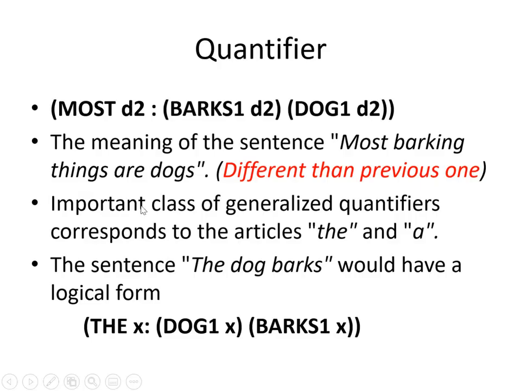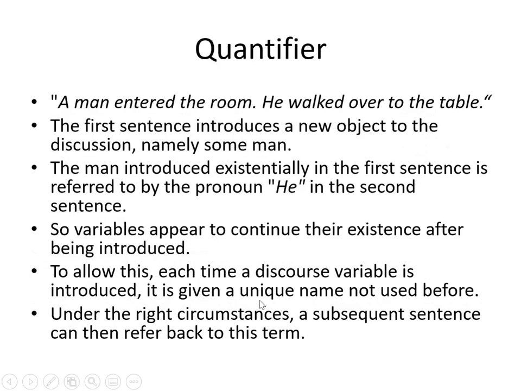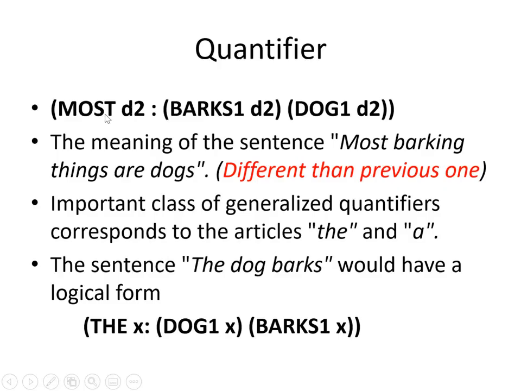Now, if you reverse the sequence of dog and barks, will it affect the meaning of the sentence? See this: the next logical form is most D2, barks1 D2, dog1 D2. Here it is saying that most barking things are dogs, which represents a different meaning.